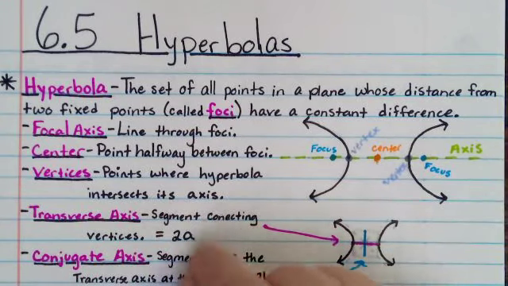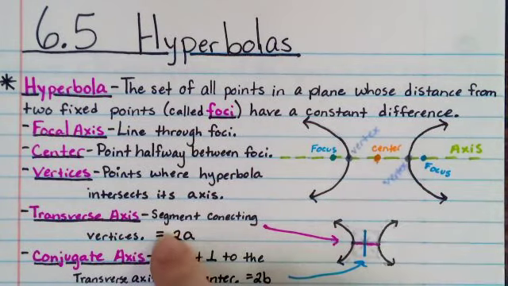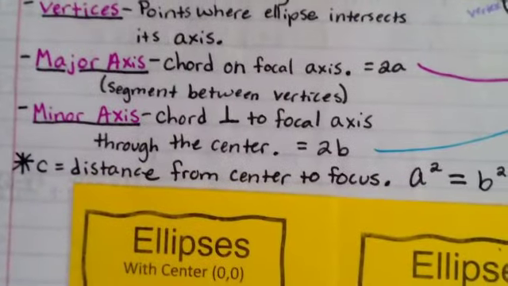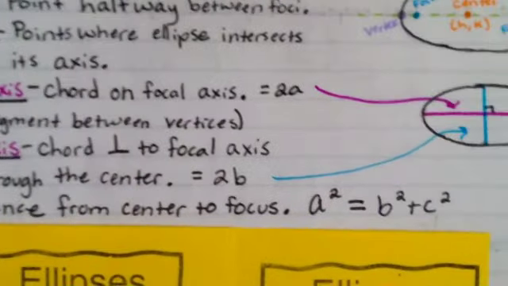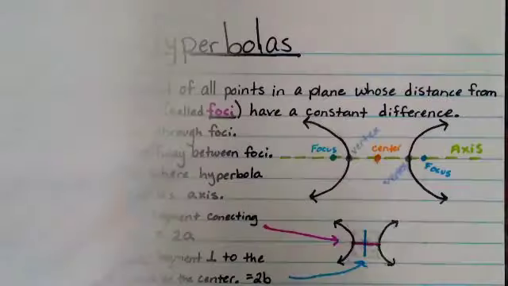Vertices, the point where the hyperbola intersects the axis. So we've got that. The transverse axis and the conjugate axis. This is what we can kind of compare to the major and minor axes for ellipses. Remember those? It's a similar concept where the major axis had been 2a, the minor axis had been 2b.